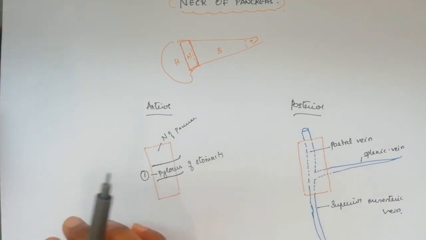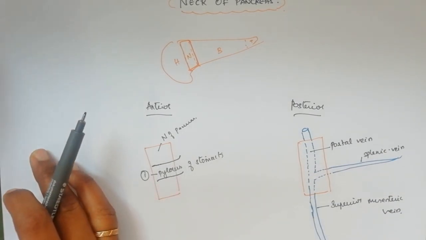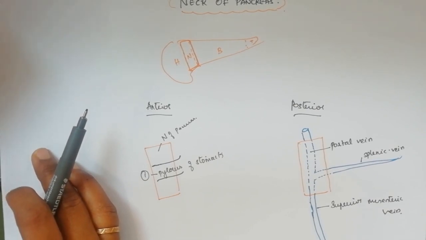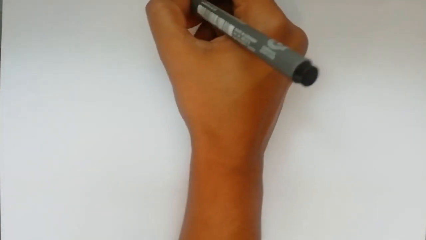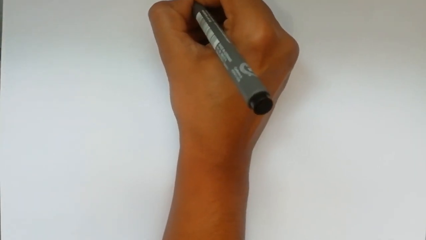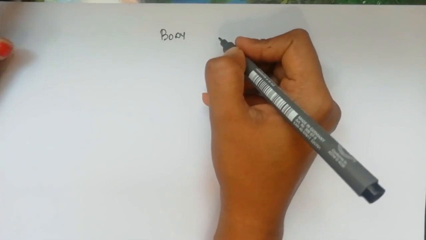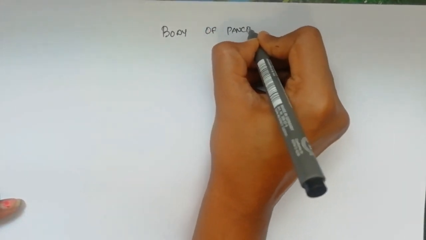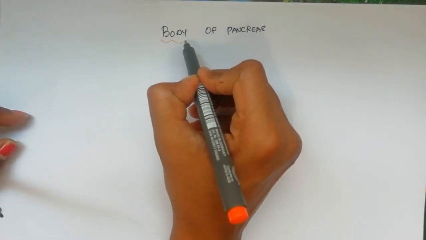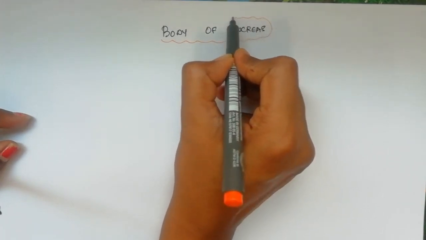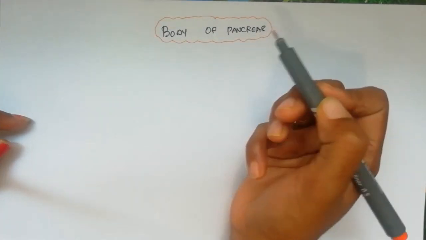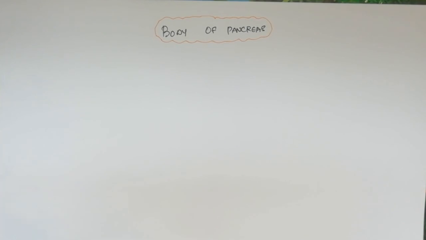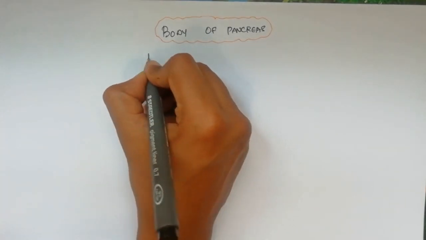Now we will move on to the body of pancreas, how it is related to other structures. So we are going to deal with the body of pancreas, which is prismoid in shape.